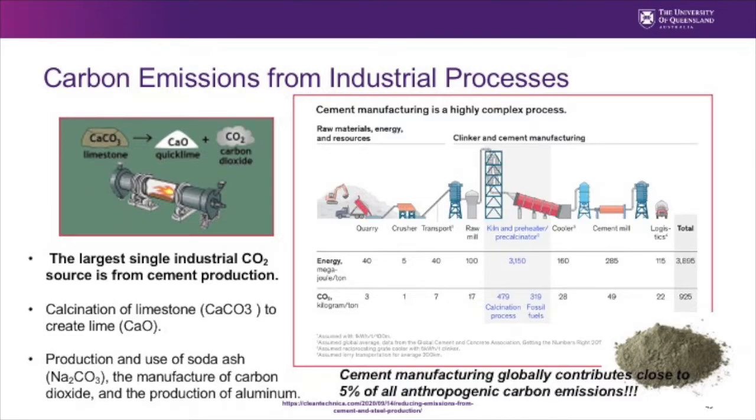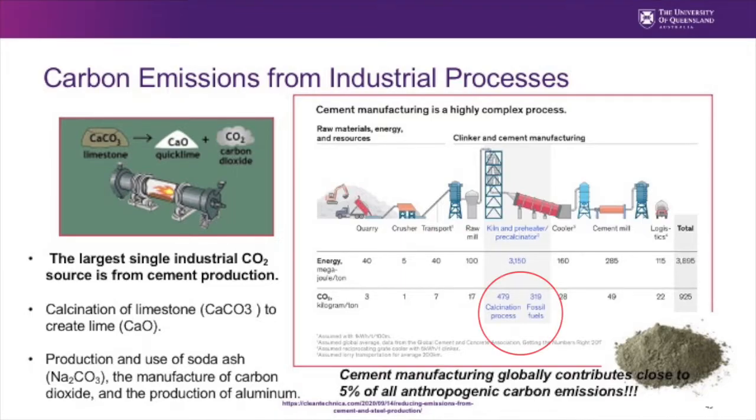And this one is the one that produces a lot of CO2 as a result. There are other industrial processes that also emit significant amounts of CO2, and these include the production and use of soda ash, the manufacture of carbon dioxide, and also the production of aluminum. But cement accounts for 5% of all anthropogenic carbon emissions. So this is really big.